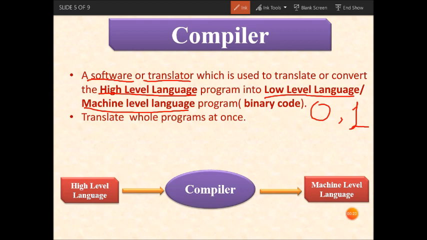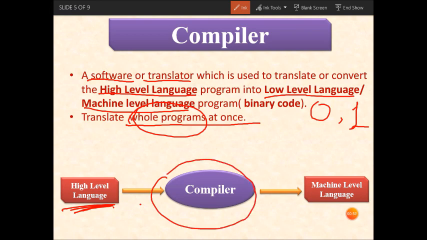Compiler firstly scans the source code to eliminate the duplicity and then checks all these instructions written in the program for syntax errors, and if any errors are found, the compiler reports them or displays the error message. It takes the whole program at once, which means a compiler compiles the complete program at a time. You can see here high level language code is converted by the compiler into machine level code or language.